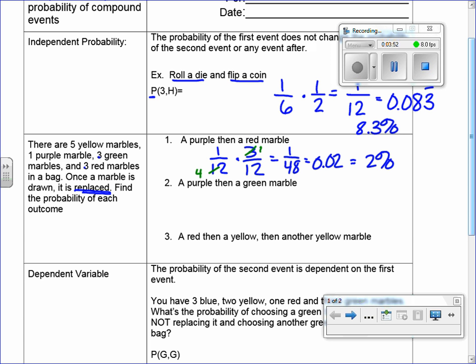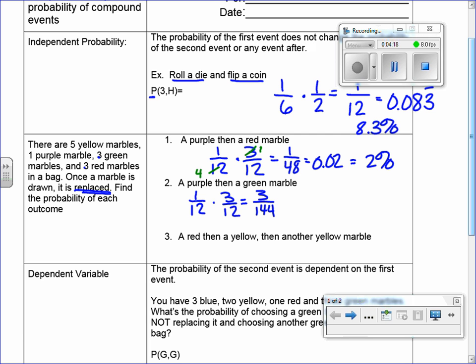All right, the probability of a purple, then a green marble. Purple, again, is 1 out of 12. We're replacing it. Probability of a green marble is 3 out of 12. So we're going to get the exact same thing, 1 over 48. Now, I'm going to multiply differently here for those of you that don't understand how to cross-reduce. I'm going to say 3 over 144.